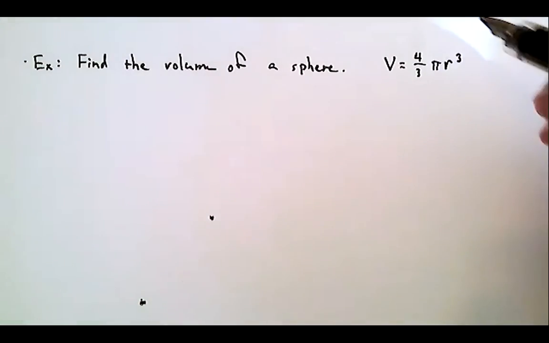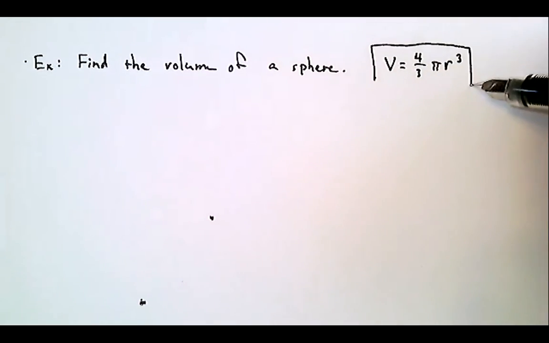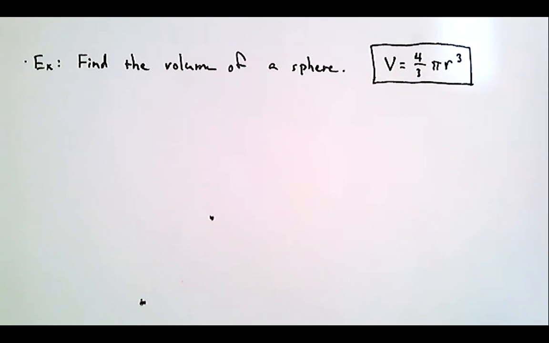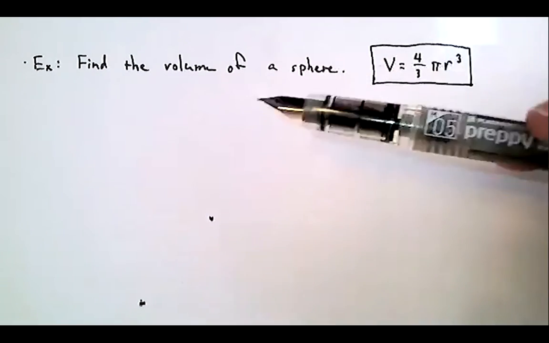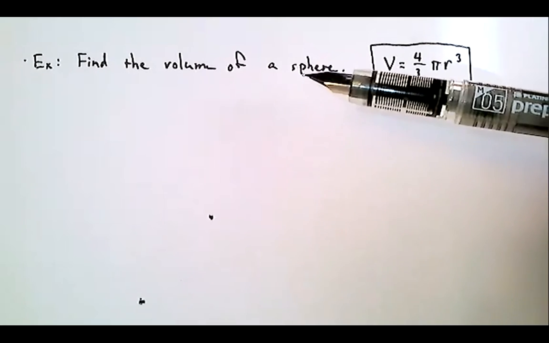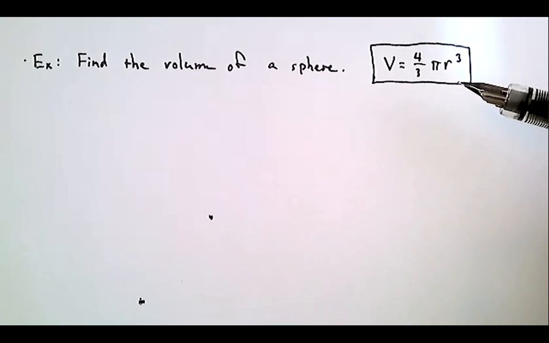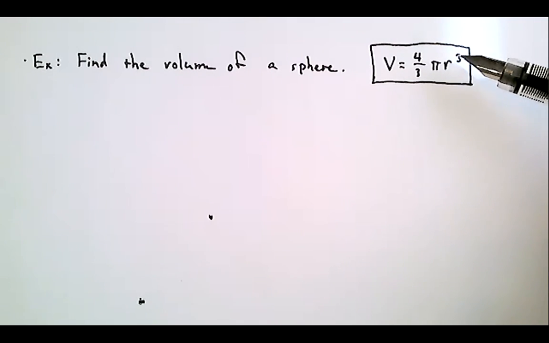Okay, there's the formula. I'm sure we've all seen it before. Okay, so what I'm asking here is not just to remember the formula. I'm asking you to use calculus to figure out what this formula actually is, or why this is the formula for the volume of a sphere.